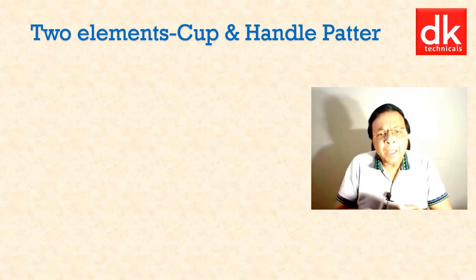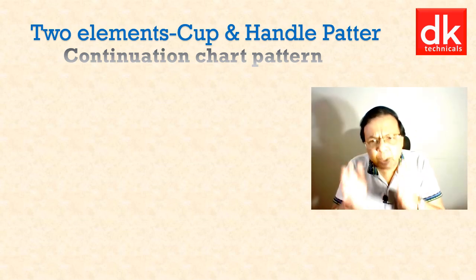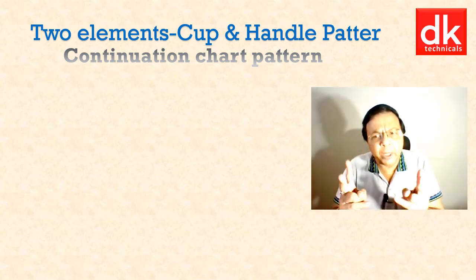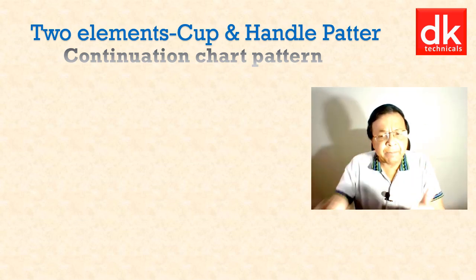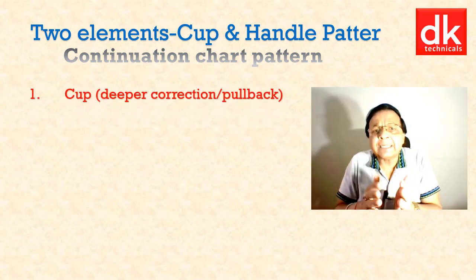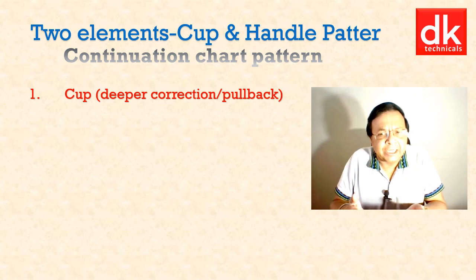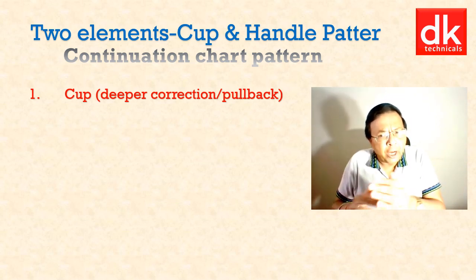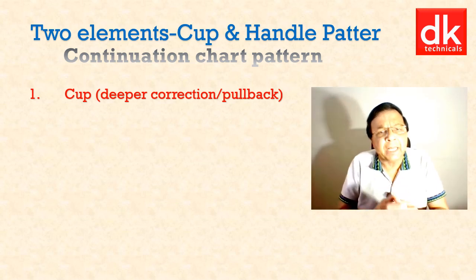So friends, always remember that the cup and handle pattern is a continuation chart pattern, and there are two elements. One is the cup, another is the handle. The cup always has a deeper correction or pullback, so it's a kind of healthy correction. We have made one video on healthy correction versus shallow correction versus deeper correction.